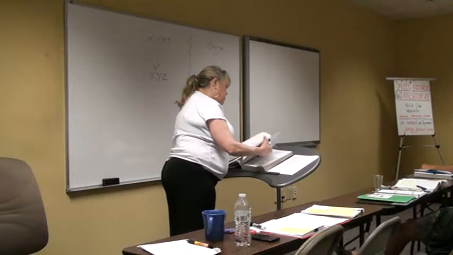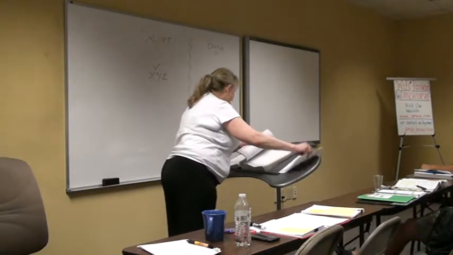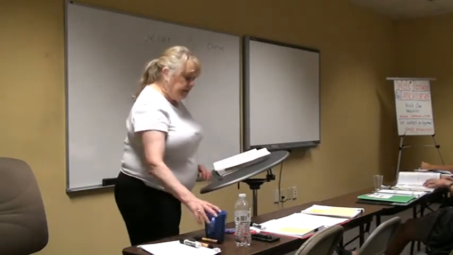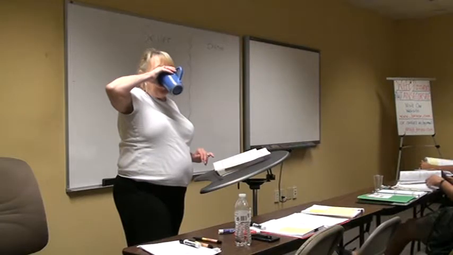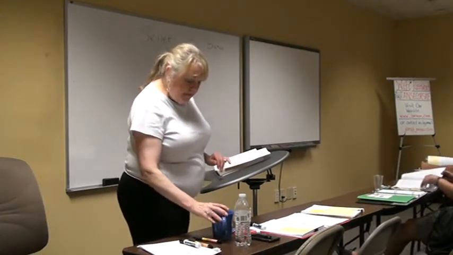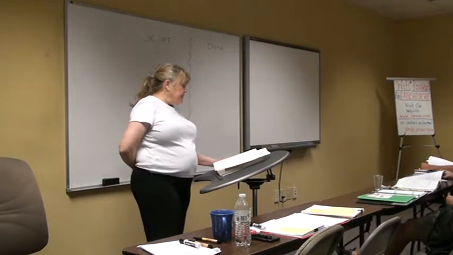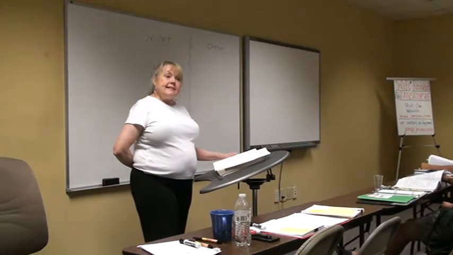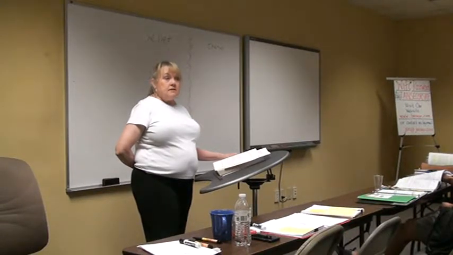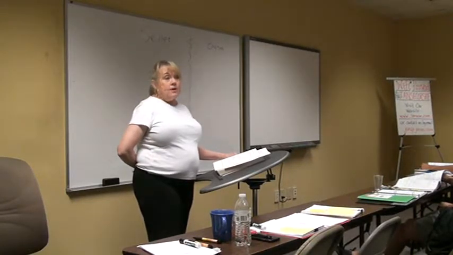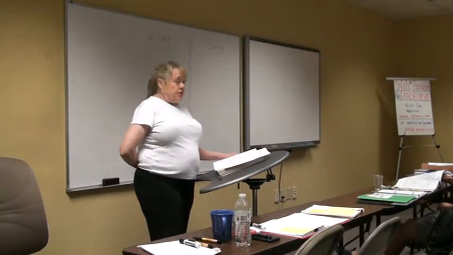Hold your place and go with me to page 192. This is the exclusive right to sell. Tyrell said this is the one we want as brokers because it says that we're entitled to our commission if we find the ready, willing, and able buyer, or if a ready, willing, and able buyer was found, no matter who found it, we're entitled to the commission.